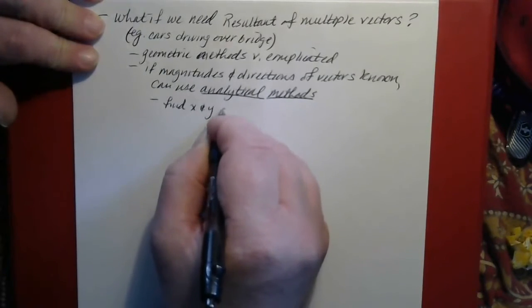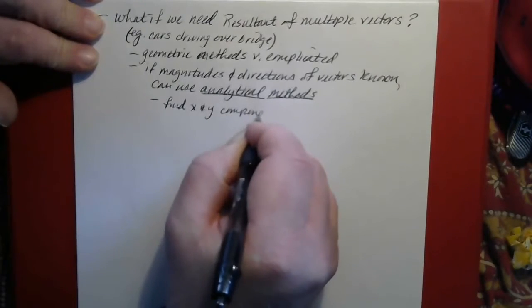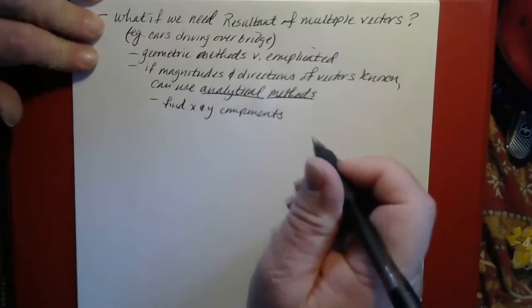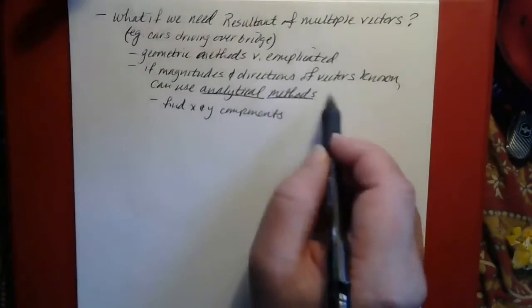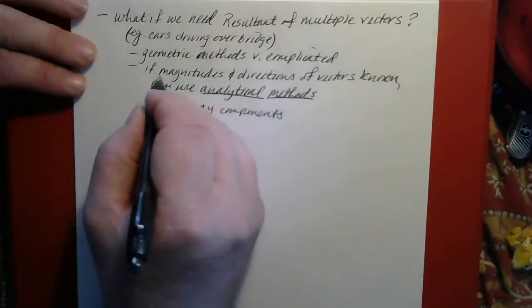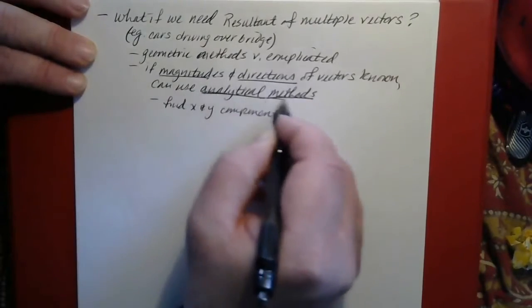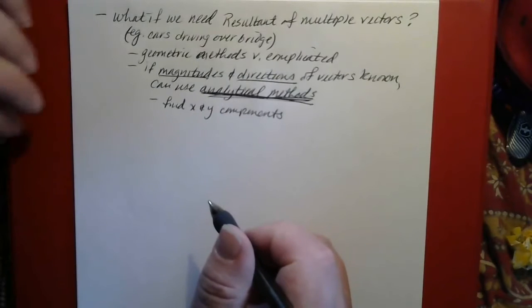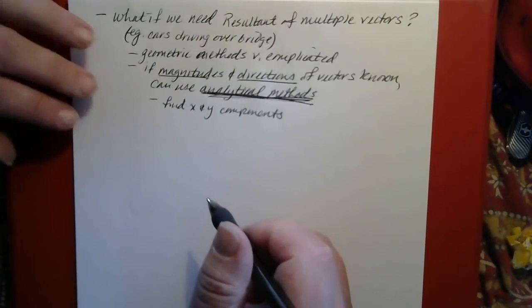of the vectors. You can find that if the magnitude and direction of the vectors are known. Okay, so we're using analytical methods. And you can also find the direction.